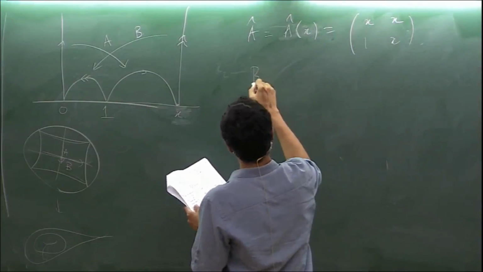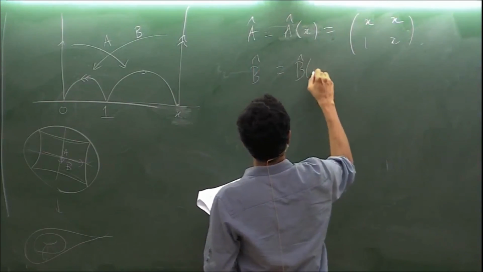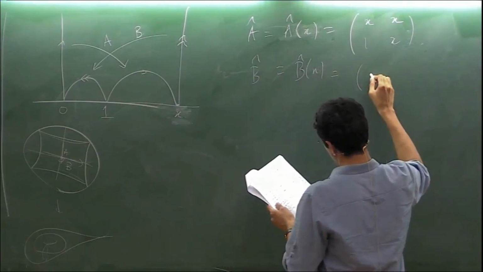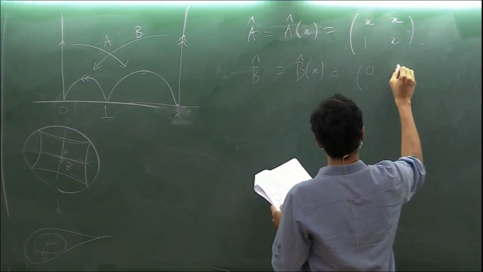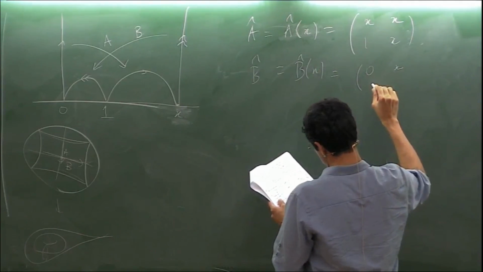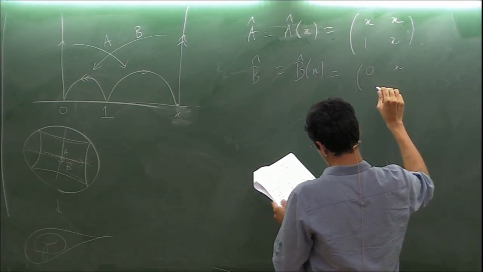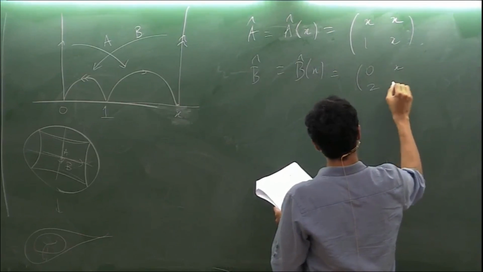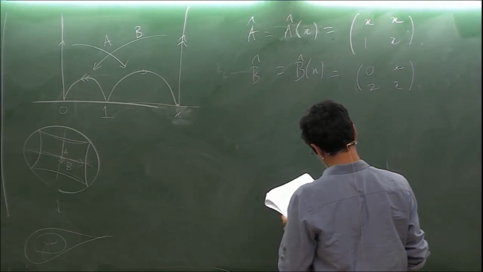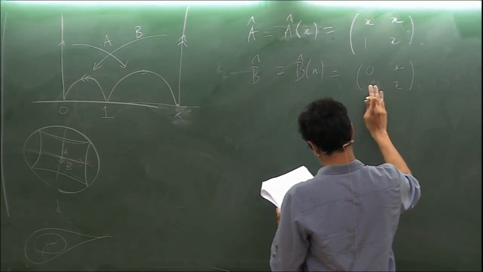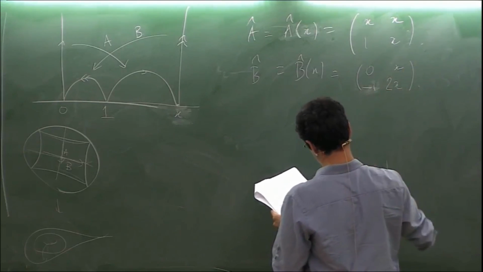And B hat, which again depends on x, is 0, x, and 2. Is that correct? Or maybe, sorry, it's minus 1 and 2x.